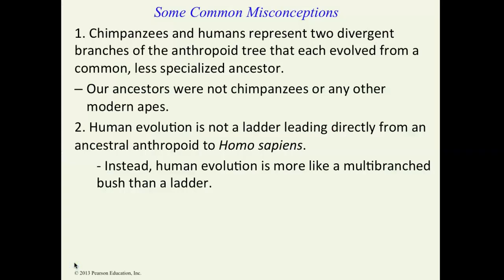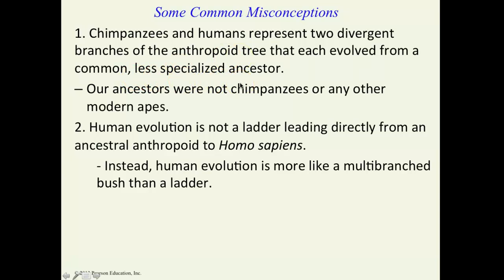So this is just addressing some misconceptions that people have, and sometimes this feeds into why people are not willing to think that we evolved, because they think that maybe we evolved directly from a monkey or some kind of monkey-like thing, and that was our ancestor, but it's not true. Chimps and humans represent two divergent branches of the anthropoid tree, and they evolved from a less specialized ancestor.